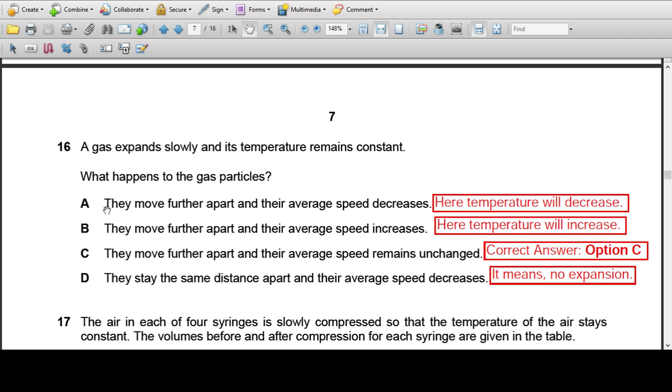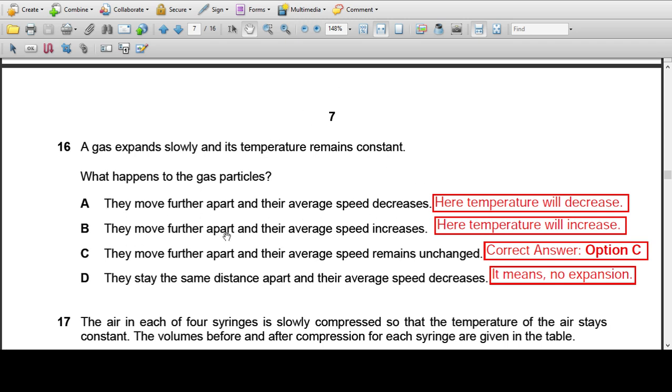The first option is they move further apart and their average speed decreases. Average speed here relates to temperature. If average speed decreases, kinetic energy is decreasing, and kinetic energy decreasing means temperature is decreasing. While the temperature remains constant, so this option is incorrect.